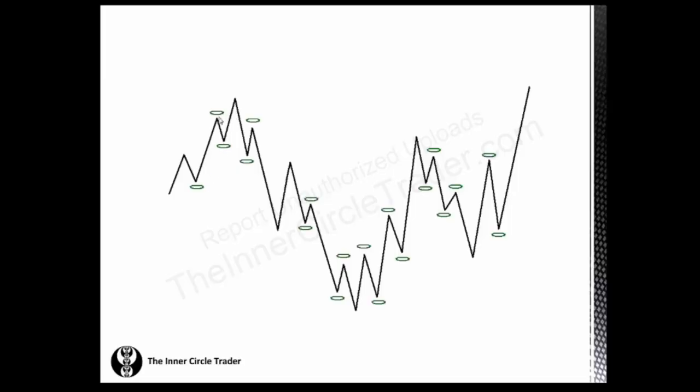An intermediate term high is obviously a high that has lower highs on either side of it, and an intermediate term low is a low that has 2 higher lows on either side of it. So it's very easy to see. It's simply looking at your candles and your bars on your respective time frames, and when you see these, note them.